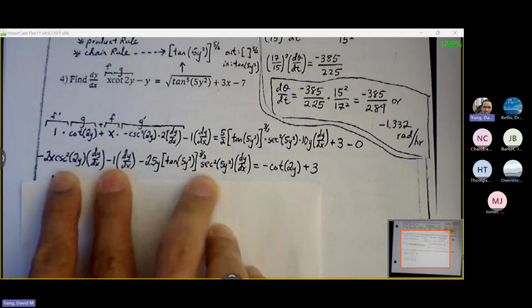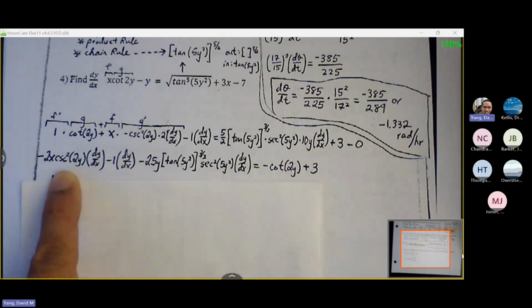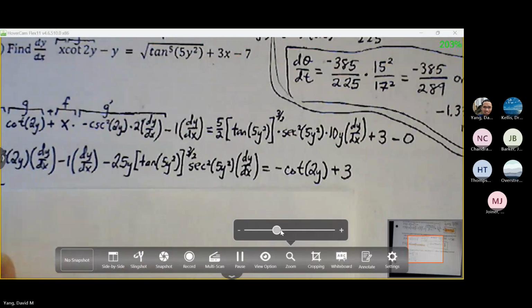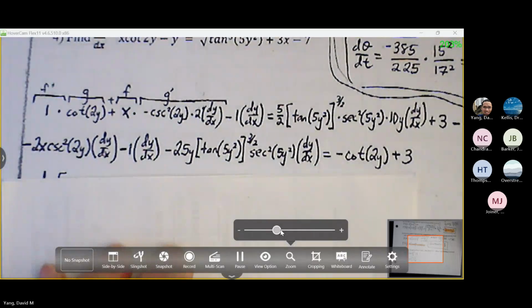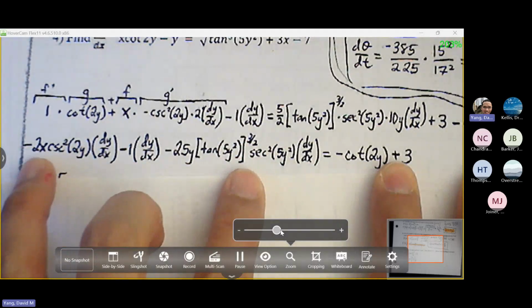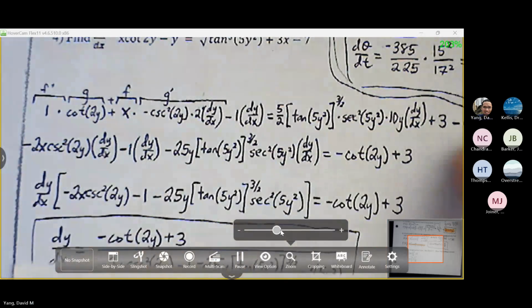So these are the 3 terms that, let me zoom in, are the 3 terms that have dy dx in them. And now I can just factor out the dy dx and then bring all that mess over to the other side.